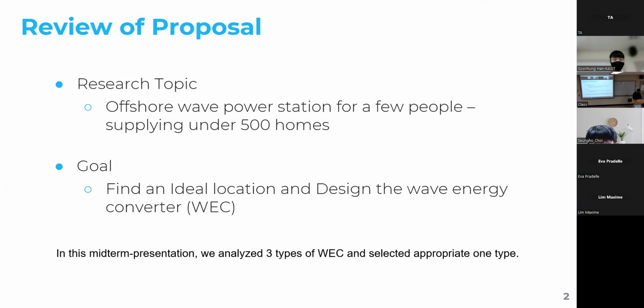And since offshore has fewer limitations on its location, it's easy to find many options. And the goal is the same as the proposal: find an ideal location and design the wave energy converter. So in this midterm presentation, we analyzed 3 types of wave energy converter and selected an appropriate one.